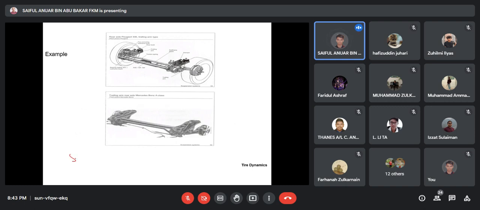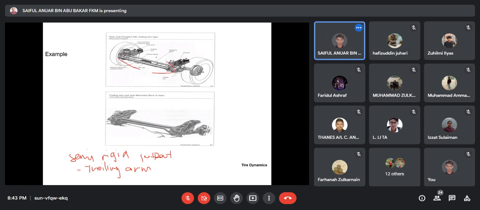So this one is actually a semi-rigid suspension, which is the trailing arm. Okay, you need to remember that for rigid and semi-rigid, usually there is going to be a connecting rod between the left and right side of the tire. Okay, this is a semi-rigid suspension because of this.